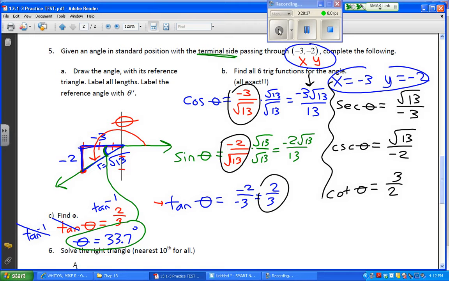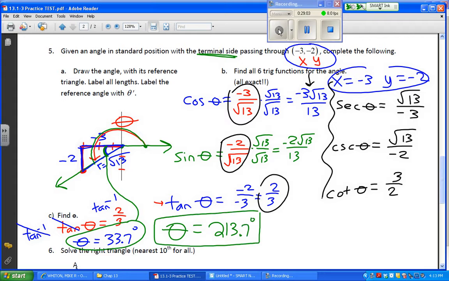So our actual red angle theta is 180 plus that, because we had to go from the center all the way down to there. If you add 180 to that, we should be around 213.7 degrees. So just think it out. 33.7 seems like we did everything right, but that's the reference angle.